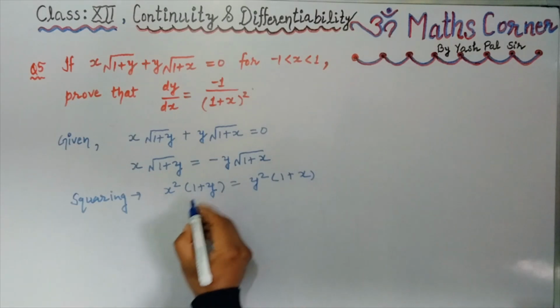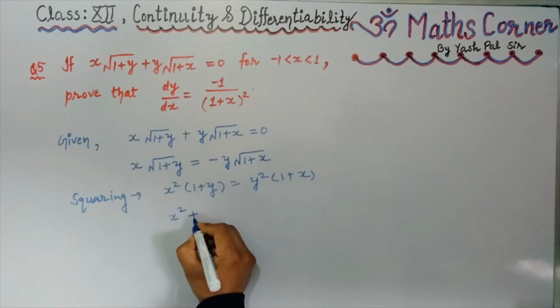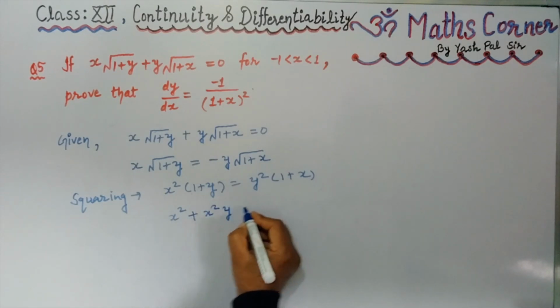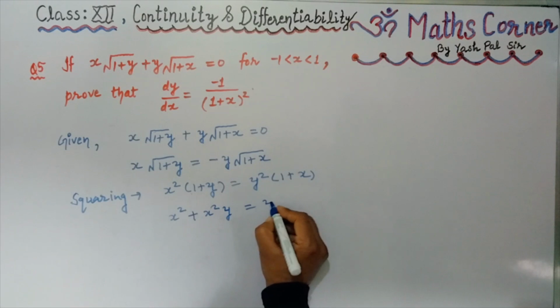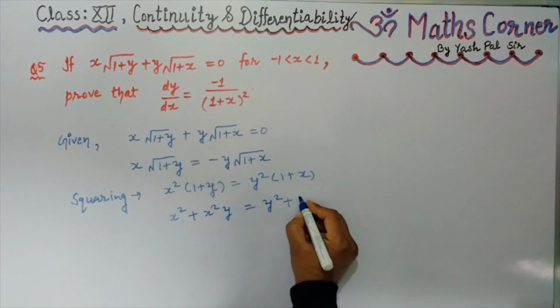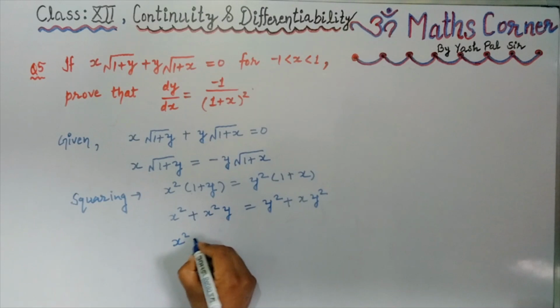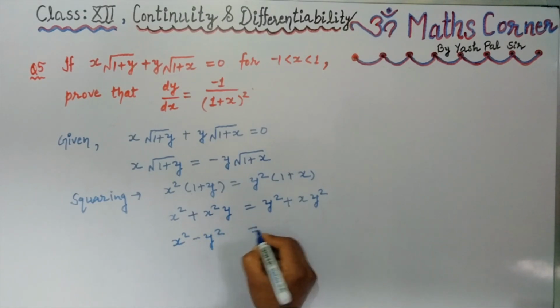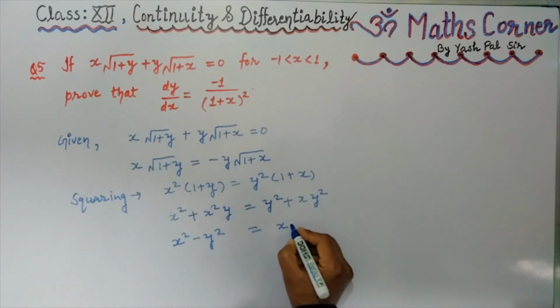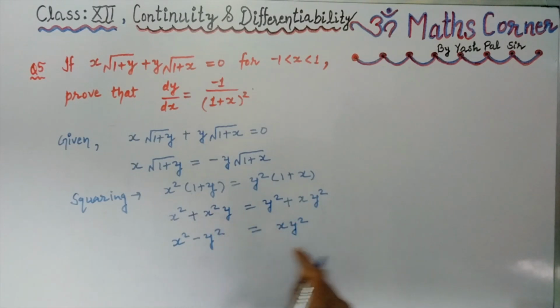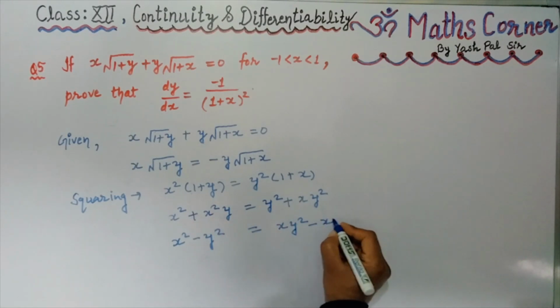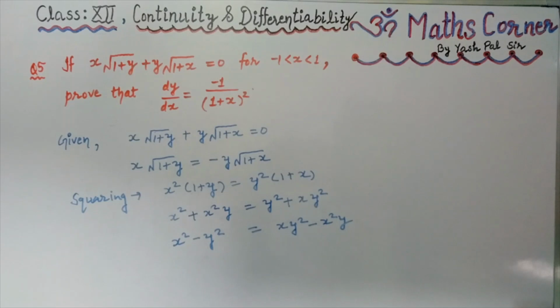Now multiplying, we have x square plus x square into y, equal to y square plus x into y square. Now we take y square to the left hand side, that is x square minus y square, which is equal to x into y square, and this term goes here, minus x square into y.